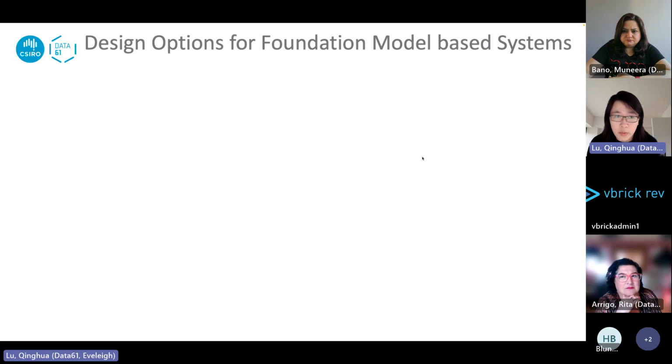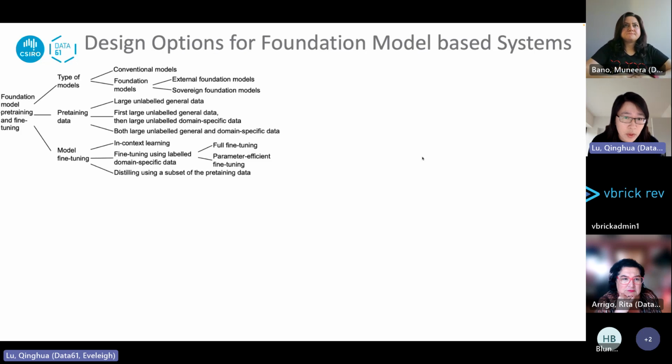And we also design a framework for building the foundation model-based system. In this framework, we analyze the different design options and also the trade-offs of different software quality attributes. We have 3 categories under this design framework. The first group is called foundation model pre-training and fine-tuning. Whether to use conventional AI models, use external foundation models, or build your sovereign foundation model, there are different quality concerns and cost concerns.